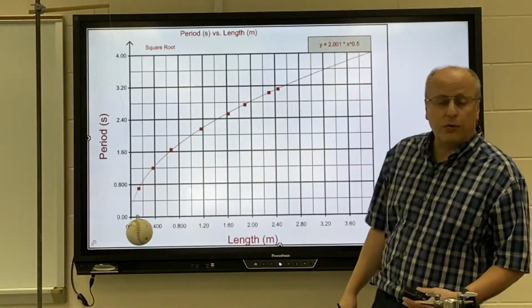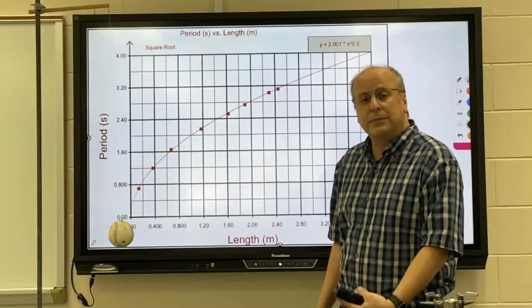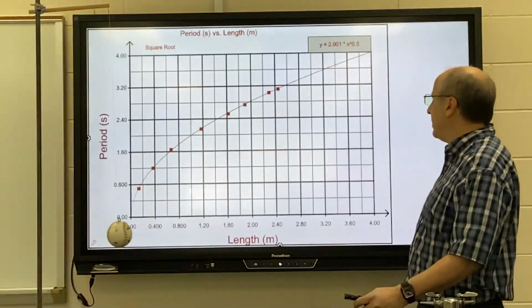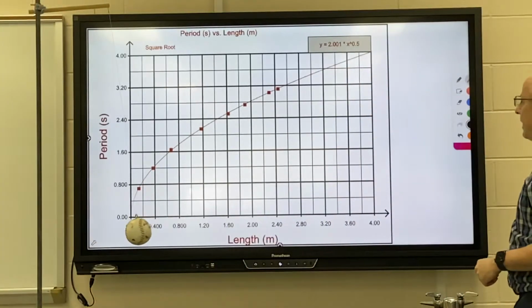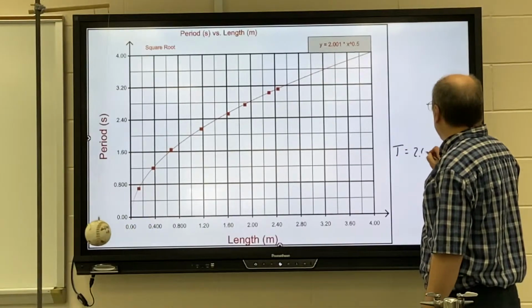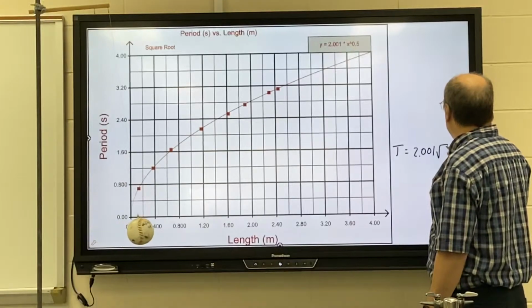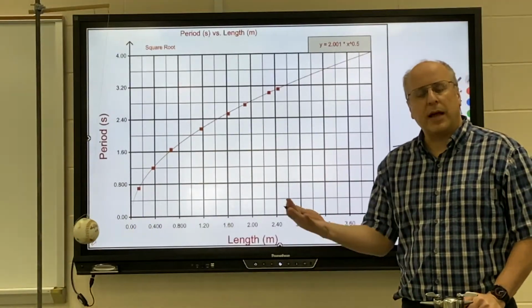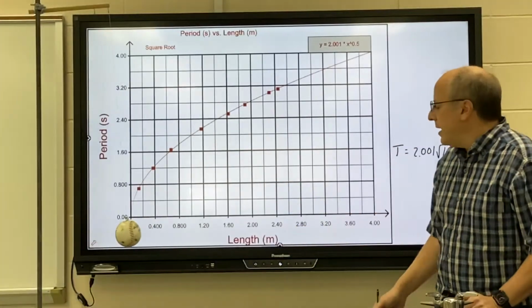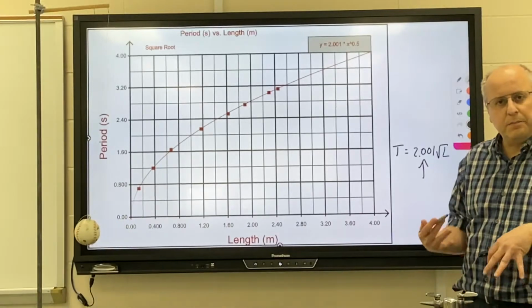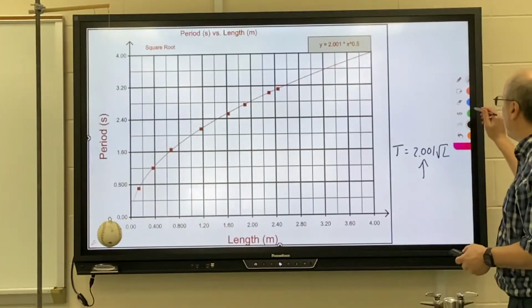It's a square root graph, so that means it takes 4 times the length to double the time it takes to swing. The graph has an equation that looks something like this. Period equals some number times the radical L. It turns out that this other number depends on some other factors that maybe we can or cannot control.